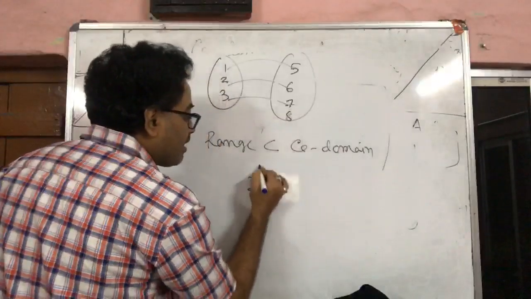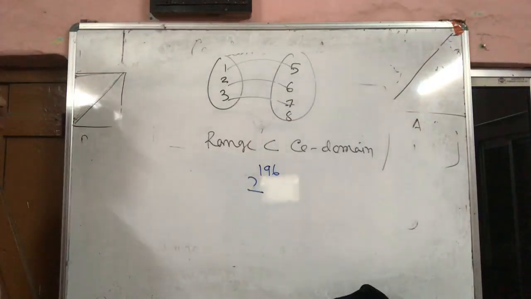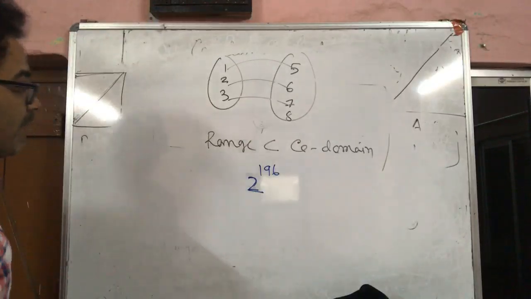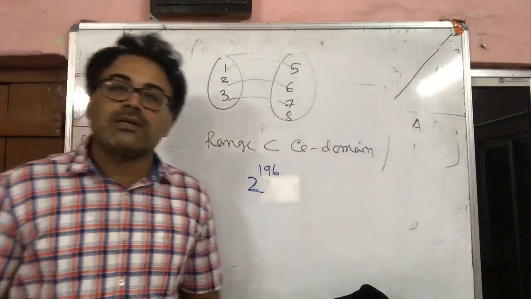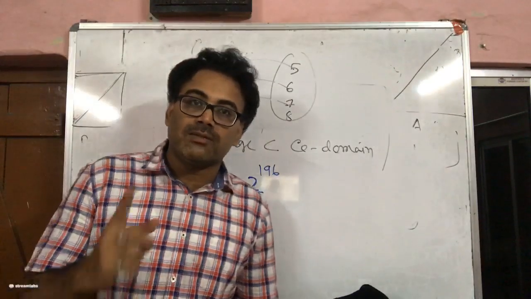The number of relations: if A contains 14 elements, then A cross A contains 196 elements, and the number of subsets of A cross A is 2 to the power 196.